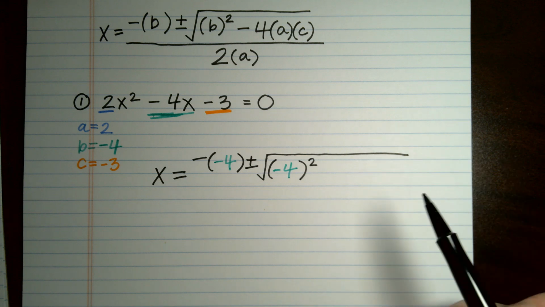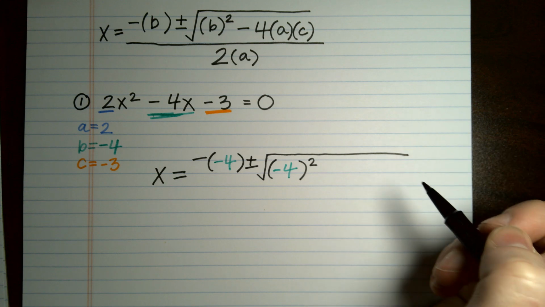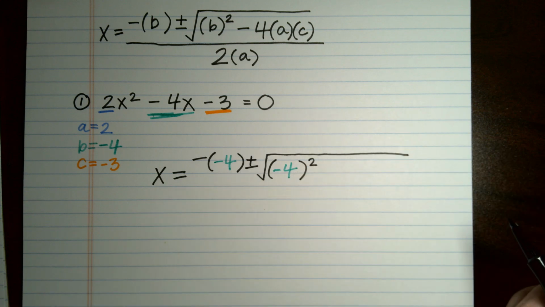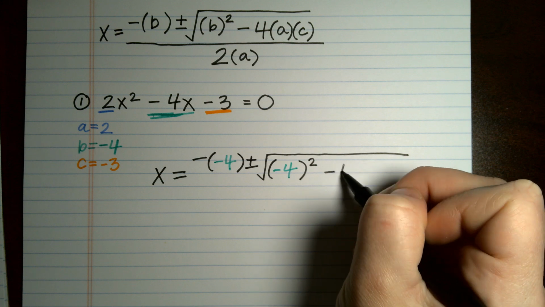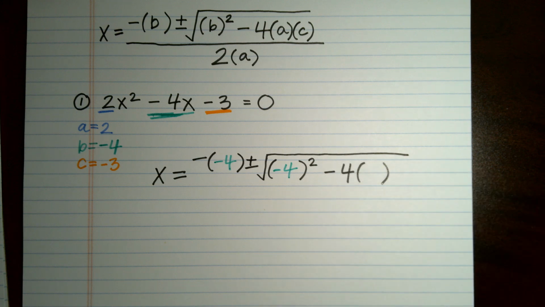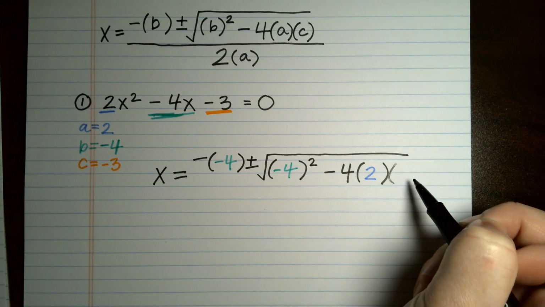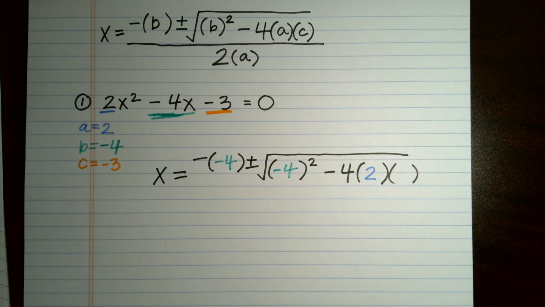Okay. So we've got all our B's plugged in. B is done. What else goes under this big square root? Good. Minus 4 times what? 2, because that's our A. And then times what? Negative 3. Good. That's C, or negative 3.